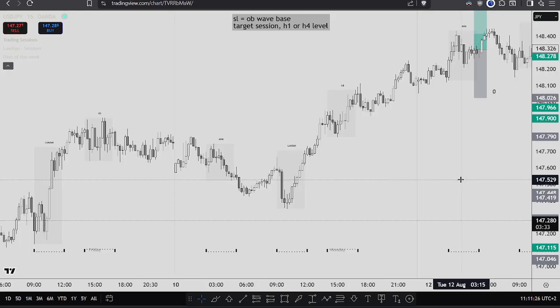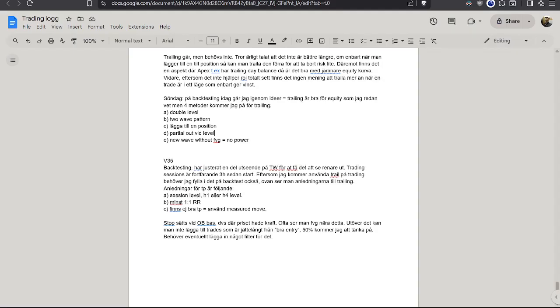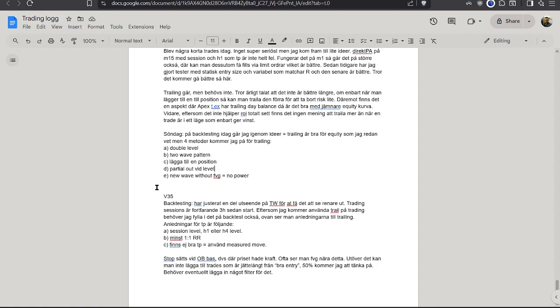However, minimal trailing is the second best option, and there are several methods that can be used, and I've compared much data with that. For the trailing, this is my log, in Swedish, but whatever. The method is double level, two-wave pattern. If we add a position, if I partial out, or if a new wave has no gap, then there's no power, right? So let's go over these five.